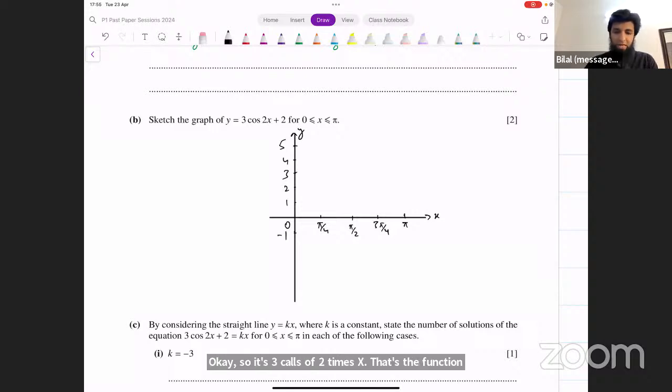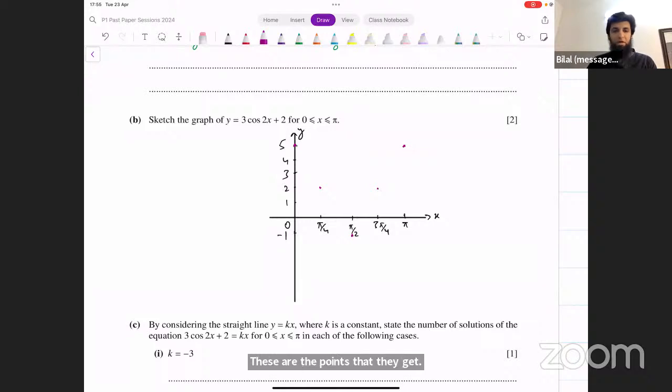Start at 0, end at pi, step of pi over 4. So we have enough values to be able to figure out the shape. Now the first value that I'm getting at 0 is 5. So it starts at 5, and then it goes to 2, and then pi over 2 is -1, then 2 again, and then 5 again. These are the points that we get.